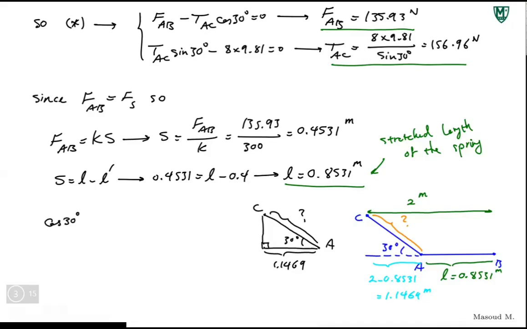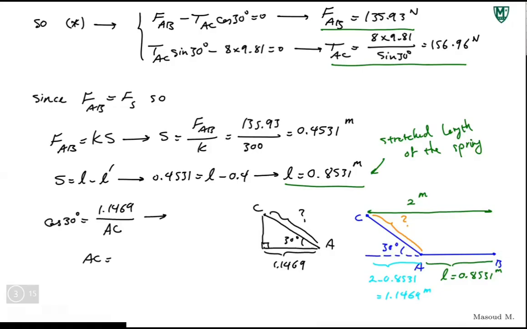So you start with cosine 30 degrees. What's the definition of cosine 30 degrees? What is adjacent? It's 1.1469 divided by the hypotenuse, AC. So AC is 1.1469, multiplied, sorry, I have to write it this way.